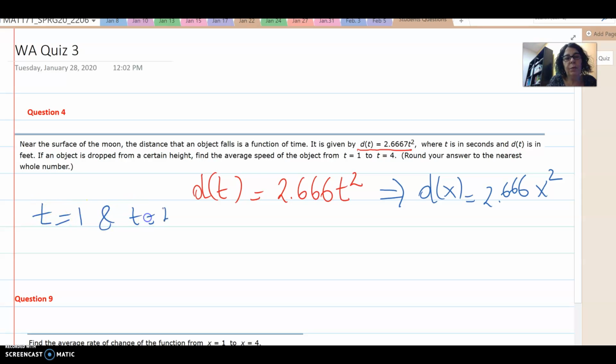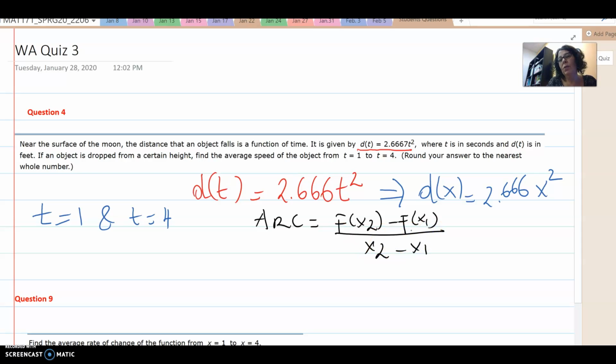and t equals 4. Remember, rate of change will be equal to f of x2 minus f of x1, all over x2 minus x1. Well, actually f of x2 was giving us y2 values, and f of x1 was giving us y1 values.